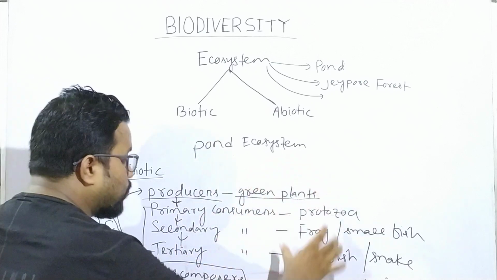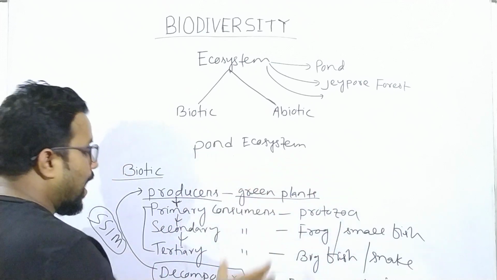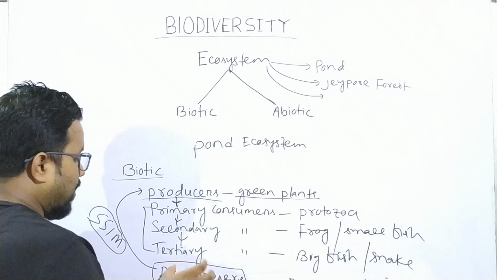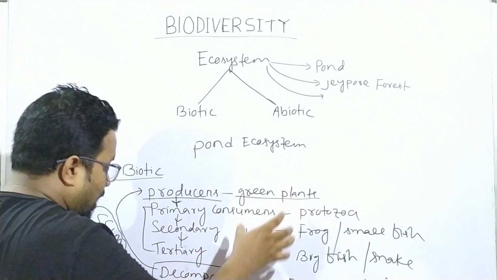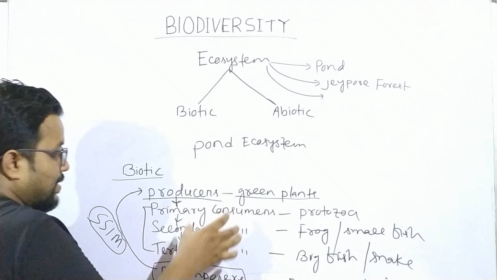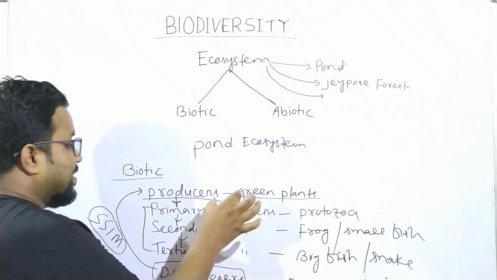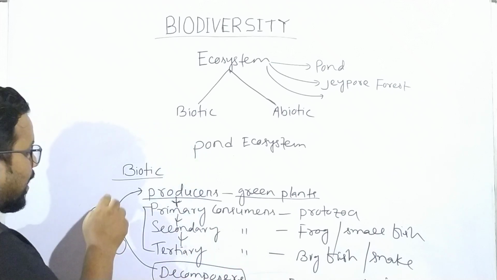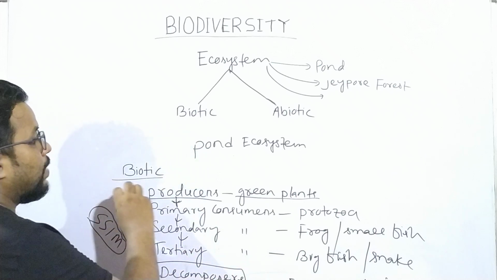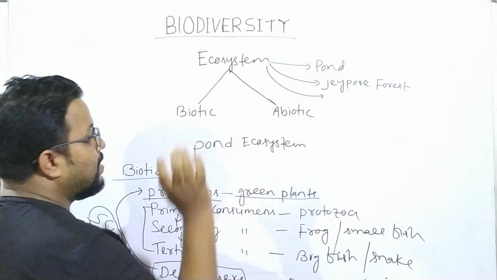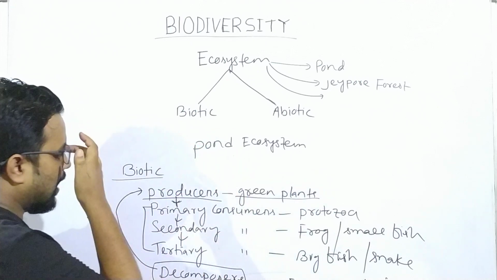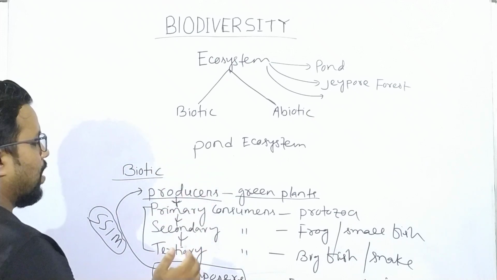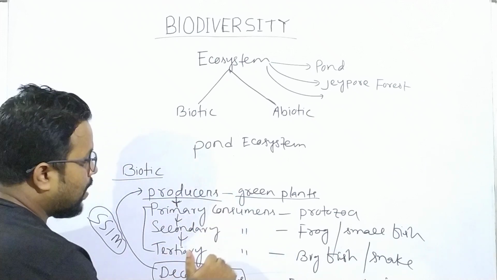When these consumers die, they are decomposed by decomposers, which convert them into simple soluble inorganic molecules, which are taken by what? Producers, mainly green plants. So what can we conclude? We can conclude that they are maintaining a chain which is called what? Food chain.